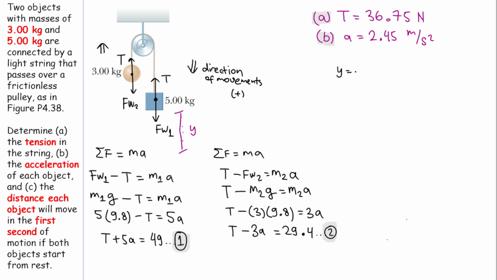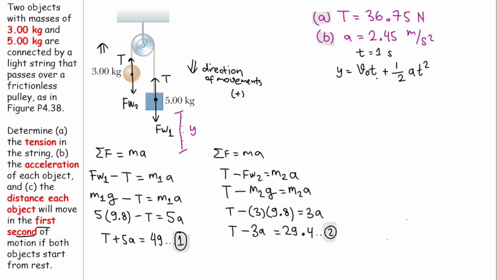We can use kinematics. So I will have v0 multiplied by t, and then plus 1/2 multiplied by the acceleration multiplied by t squared, right? But what is the time? It is on the first second. So that means our t here is equal to 1 second.